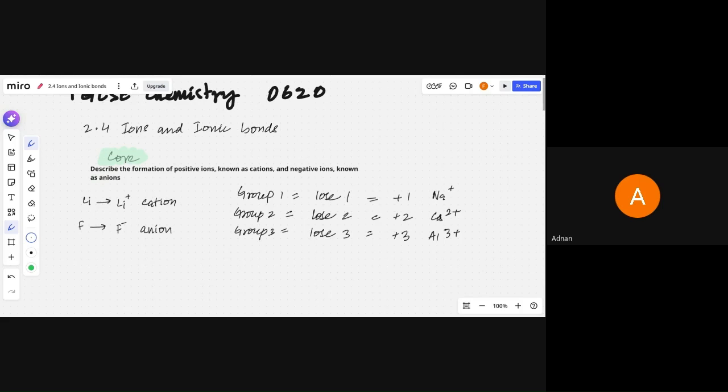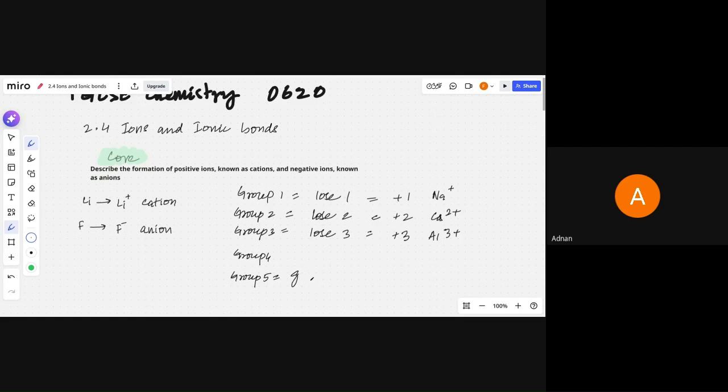Those elements that lose electrons are called metals, and groups 1, 2, and 3 lose electrons, so these are metals. Now we skip group 4 and move on to group 5. These are non-metals, and they start to gain electrons to have a complete outer shell.